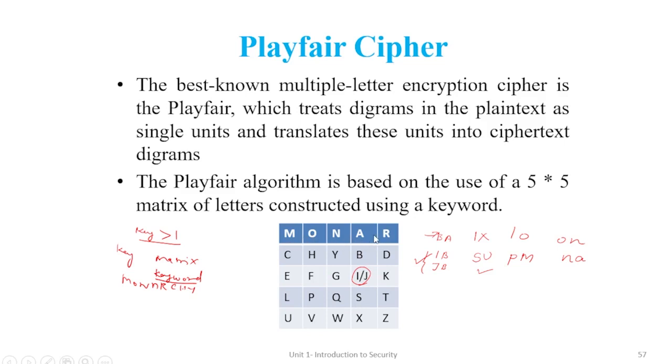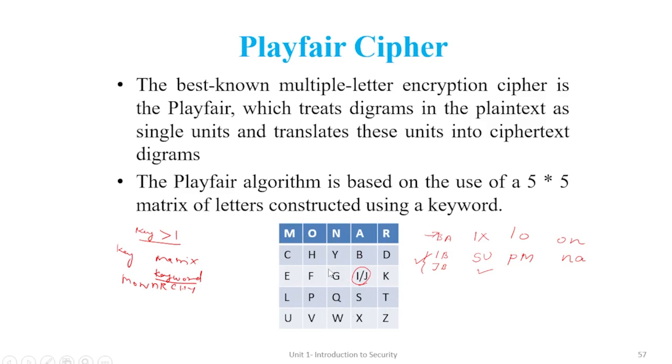If a letter is already available, we can ignore it. We should construct the key matrix in row-wise order, and there are no duplicate letters in the key matrix. If a letter occurs two times, we should use it only one time in the key matrix table.